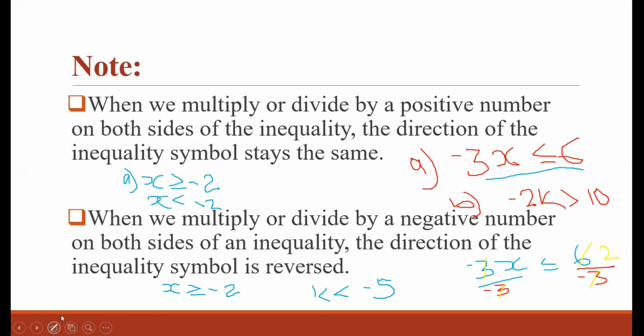Because the space is reducing here, I'm going to write a small one. Our answer becomes X. You see now this sign is supposed to change because we are dividing through by a negative on both sides. So this sign changes and it becomes greater or equal to -2.